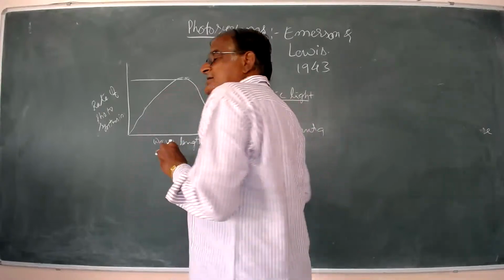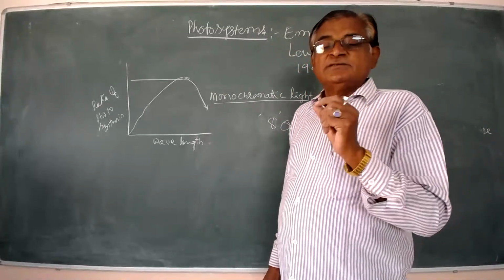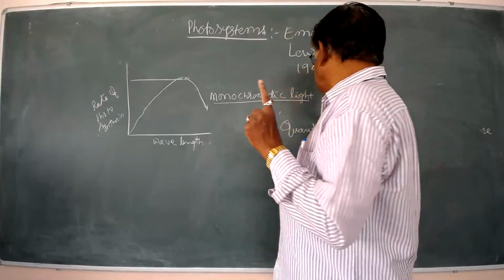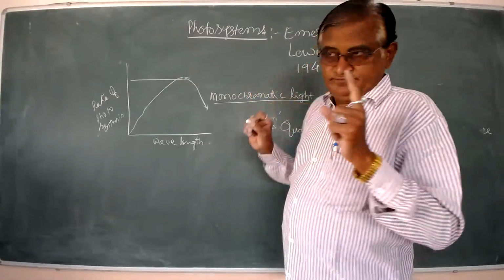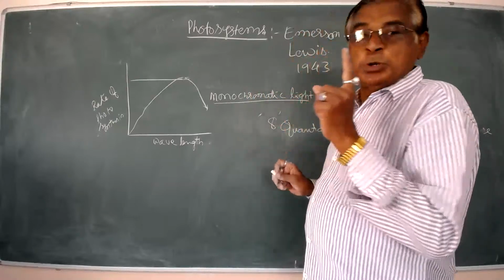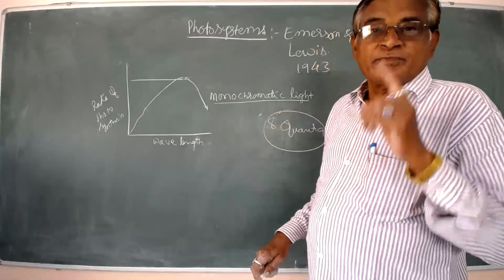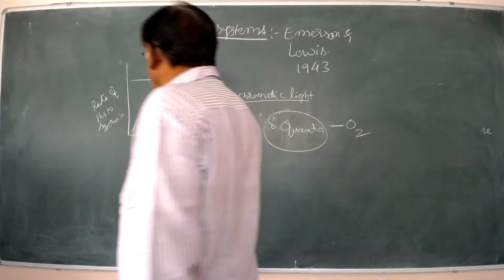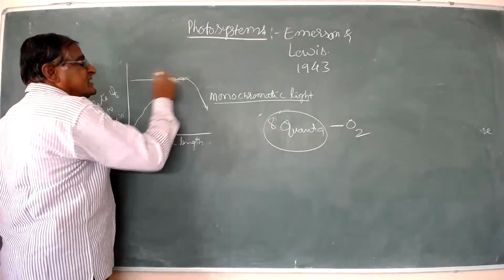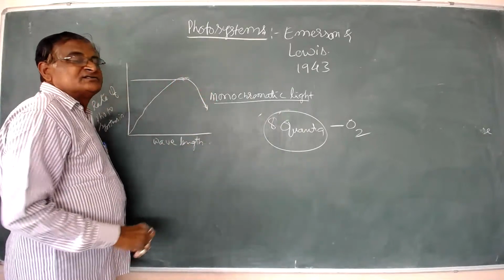That he calculated. 8 quanta of light is needed to liberate a molecule of oxygen, that is, to synthesize a molecule of hexose sugar, totally 8 quanta of light is required. And at a particular region, he observed a decline in the rate of photosynthesis.